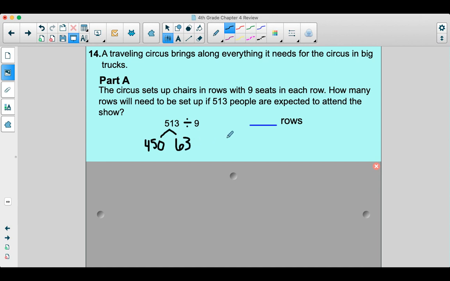So now I know I have to do 450 divided by 9 and 63 divided by 9. This is the distributive property, you guys. This is breaking up this number here and putting it into smaller friendly pieces for the divisor.